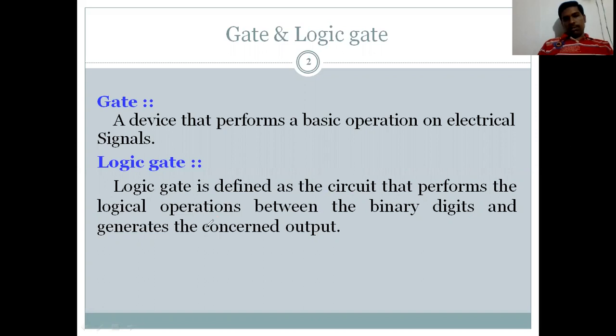Therefore, we have written that it generates the constant output. Constant output means that for each gate, the functionality is different and it generates its own respective output. So a logic gate is defined as a circuit that performs the logical operations between the binary digits and generates the concerned output.